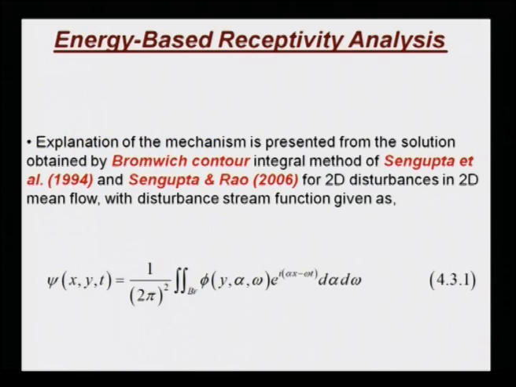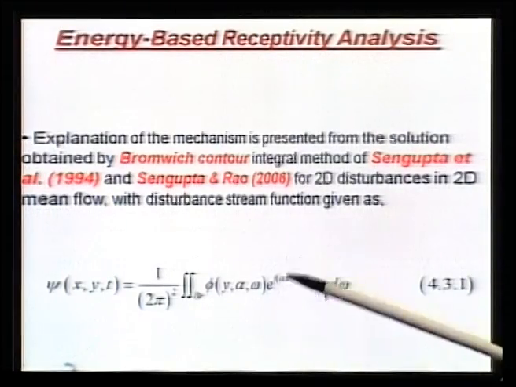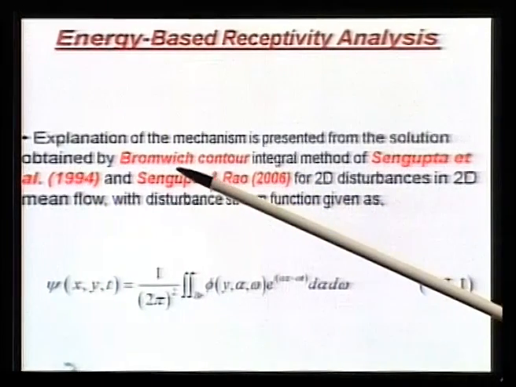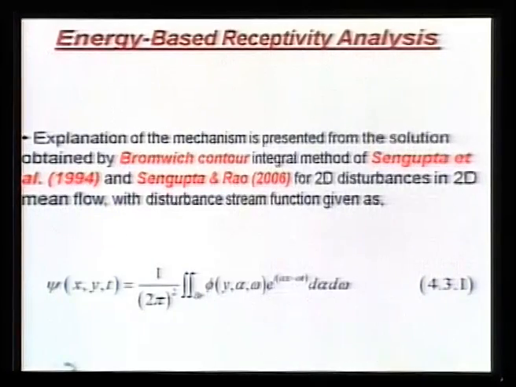Now, we would like to relate that energy equation approach with what we are talking about here in terms of spatiotemporal instability, the viscous instability. However, we are going to study it in the context of the Bromwich contour integral.